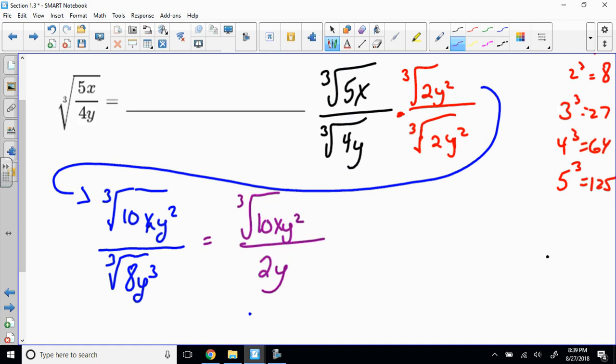I don't have any perfect cube that goes into 10, do I? Because the smallest one besides 1 is 8, right? 8 won't go into 10 evenly, so therefore we can't do that. I got an x to the first. No, there's 2 of them. How many do I need? I need 3. That's right.